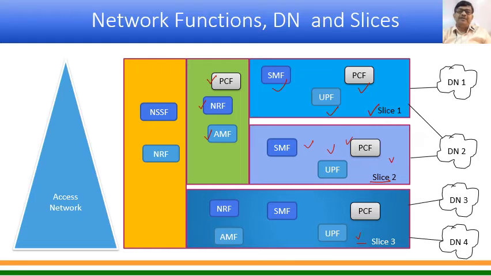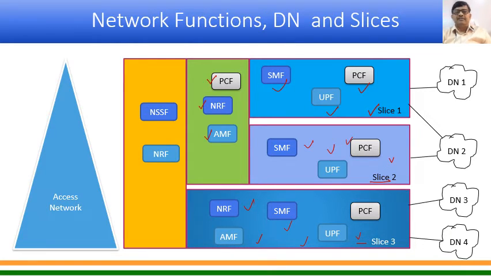That means there may be a certain network function which is common to more than one slice. Now let us look at the third network slice. In the third network slice, this NRF and AMF are also part of the slice itself.